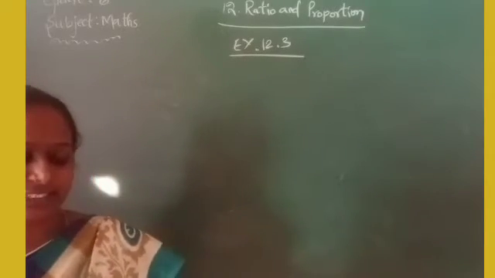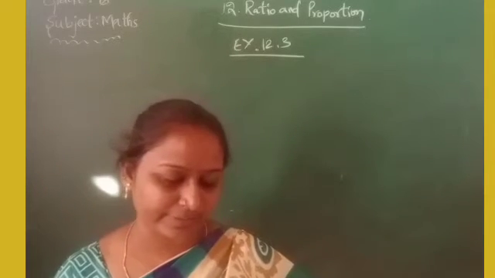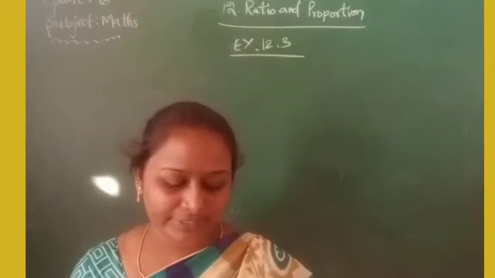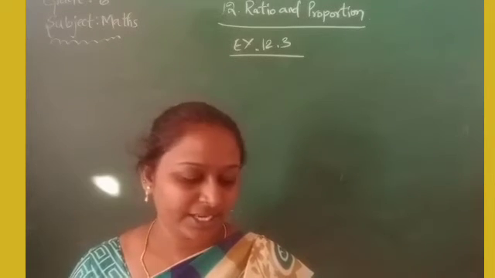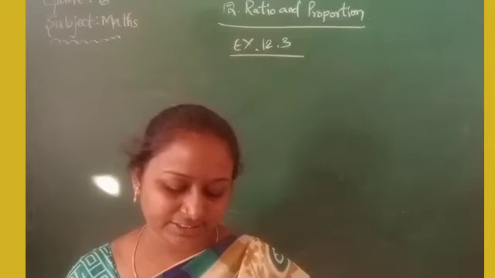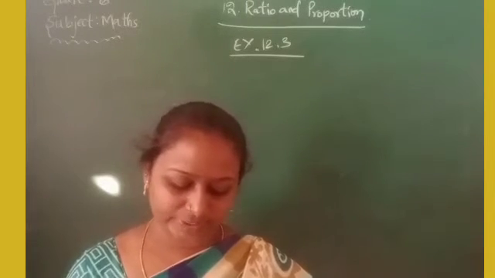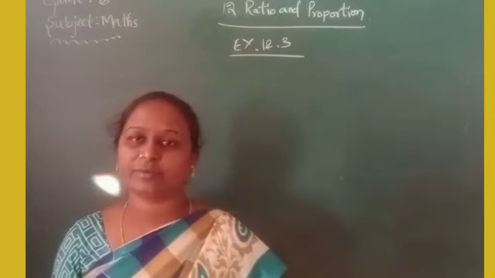See fourth question. Cost of 5 kgs of wheat is 91 rupees 50 paise. What will be the cost of 8 kgs of wheat? And the second one: what quantity of wheat can be purchased for 183 rupees? In some textbooks, different values are given, whatever it may be.